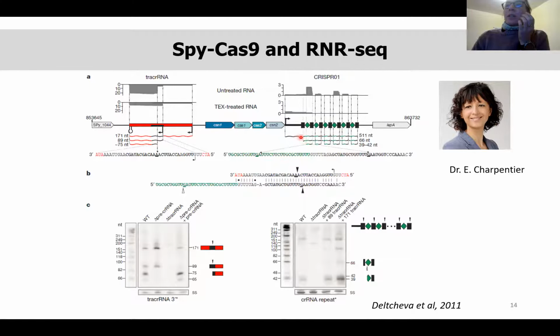If you have a long pre-CRISPR RNA, it is not functional and needs to mature. The tracrRNA is an important factor to get a single piece of guide into the Cas9 protein. This is the main paper for which she got the Nobel Prize. This result was that important.